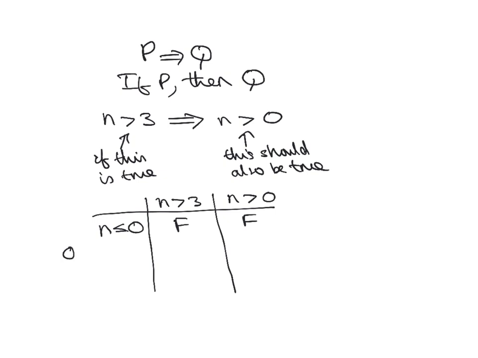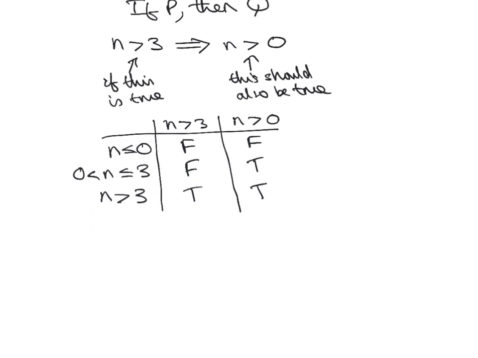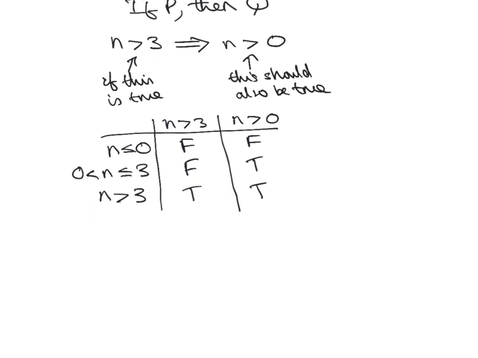If n is between 0 and 3, then the first one is false and the second one is true. And if n is greater than 3, they're both true. So what we're seeing here is all possible true-false combinations except P true and Q false.